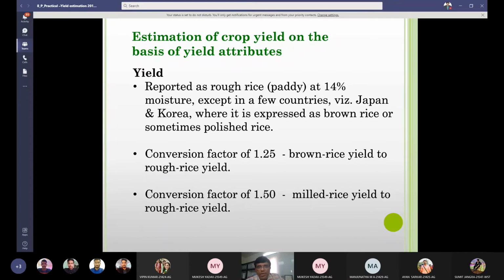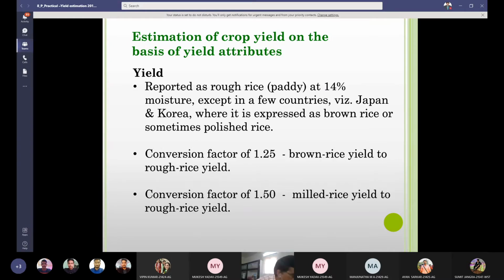Yield is reported as rough rice, as I discussed, at 14% moisture. For cereal grains like rice, wheat, maize, we measure the grain yield at 14% moisture. Internationally it is 14% moisture, except in a few countries like Japan and Korea, where it is expressed as brown rice or sometimes polished rice.